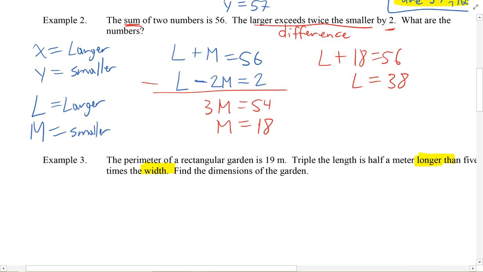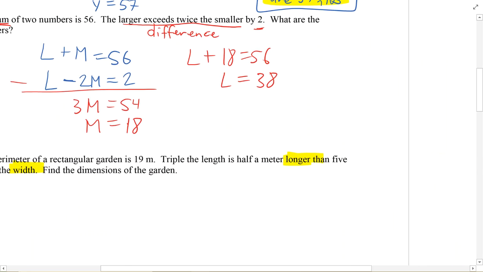Okay, so I got the larger number is 38, the smaller is 18. Did you guys get that as well? Yeah. Awesome.